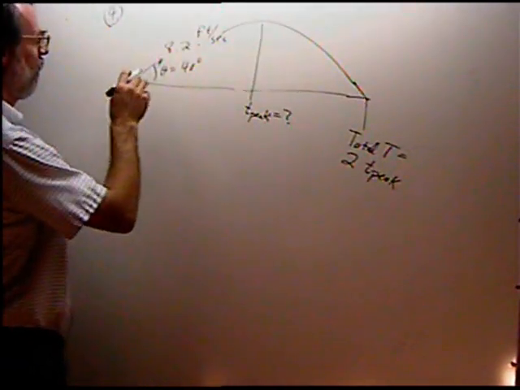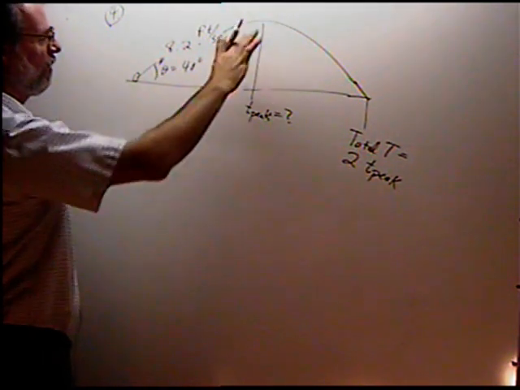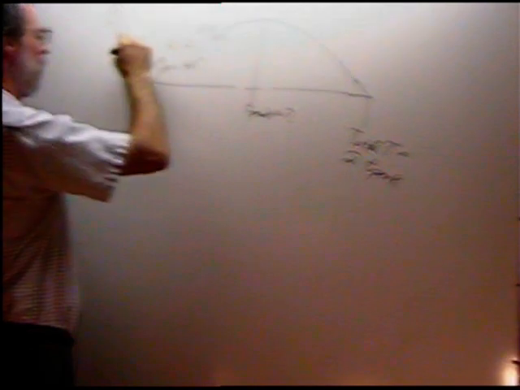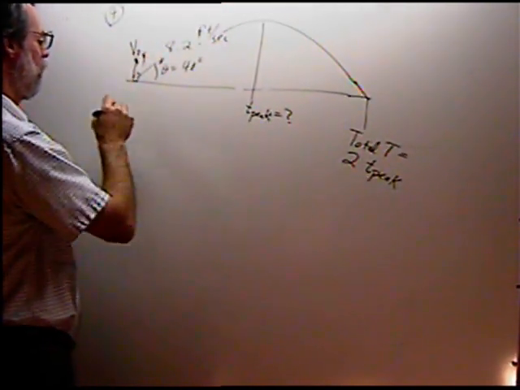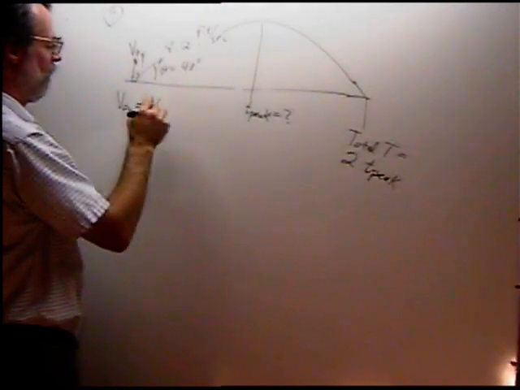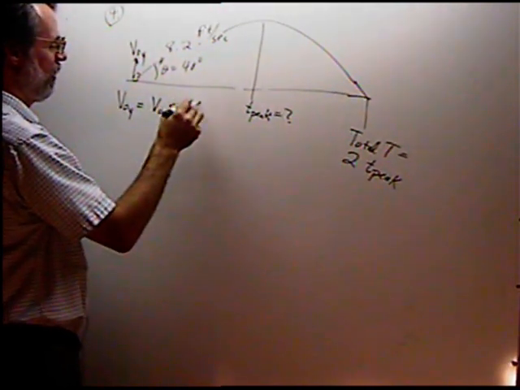Well, we know that the initial velocity in the y dimension is the initial velocity times the sine of this angle.